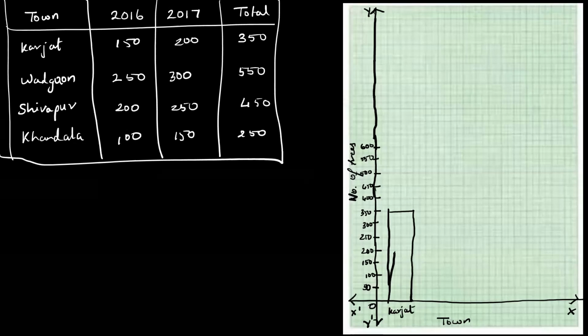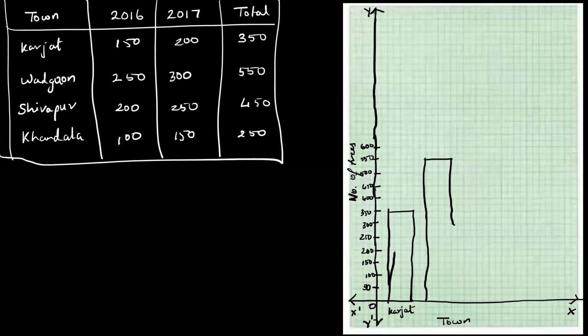Next, I'll draw 550. So I'll leave one line. Let's draw this till 550. And we'll have to call it Vadgaon.